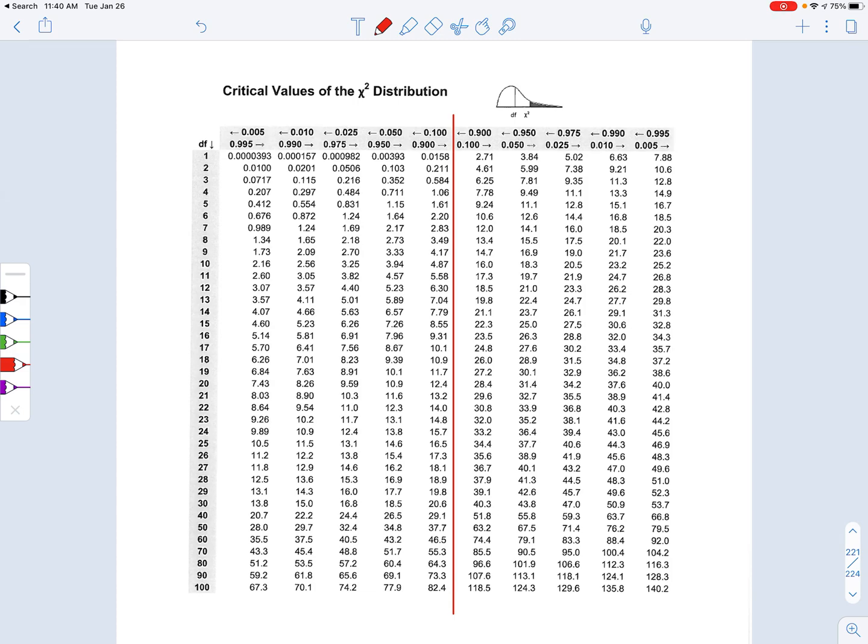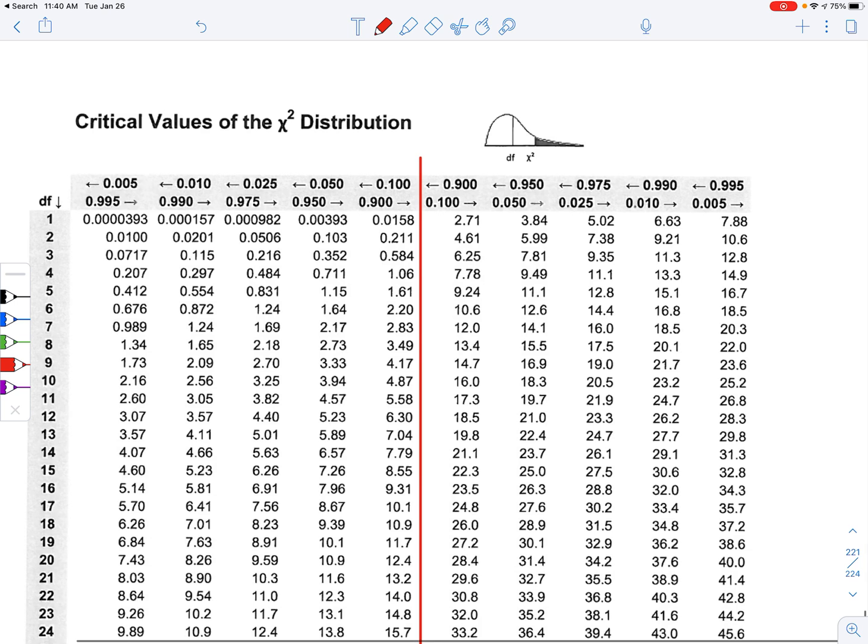And so if you take a look at the very top here, you'll see that these numbers in this line here show the percentage in the left-hand tail, 0.5%, 1%, 2.5%, 5%, and 10%. And then these values here show the area in the right tail. And so that's what we've got here.